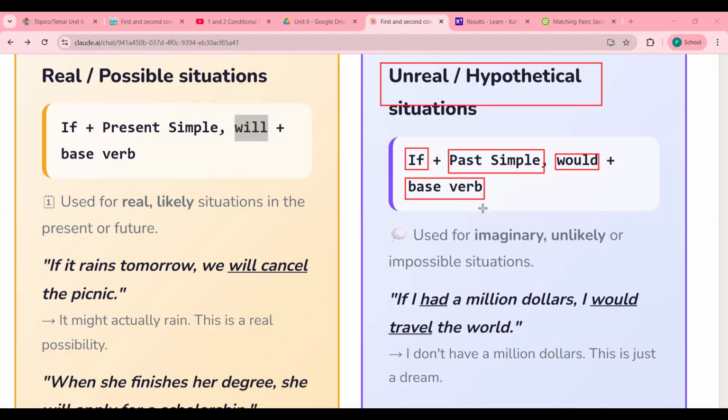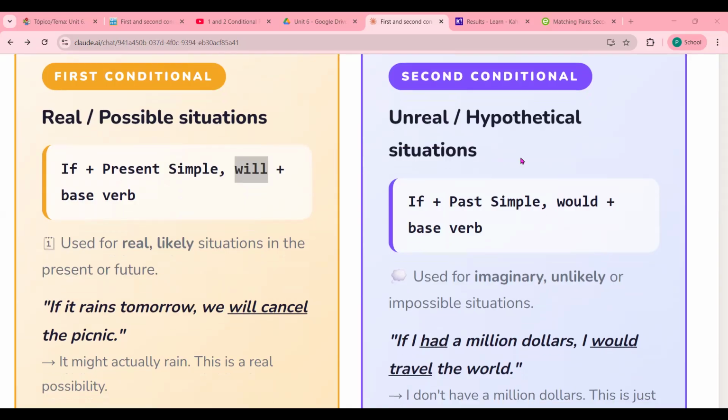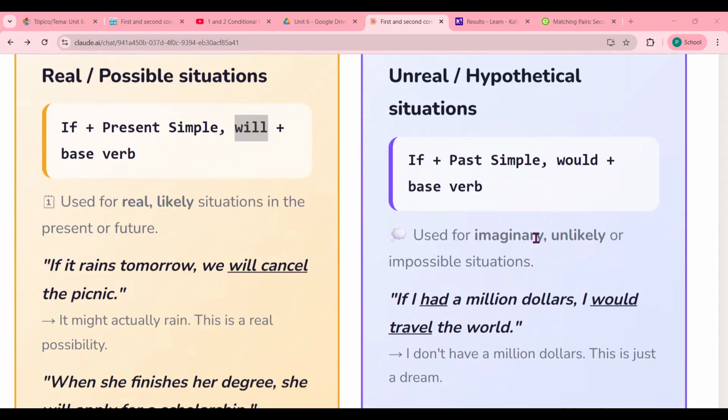With second conditional, unreal situations. Imaginary, impossible.